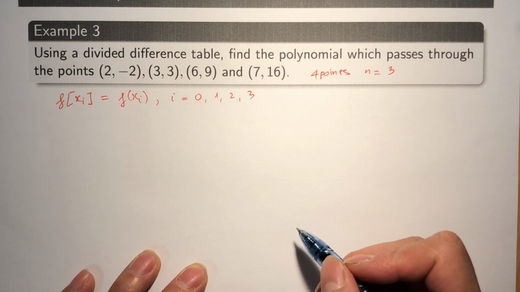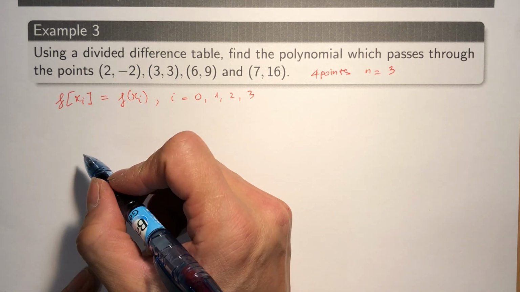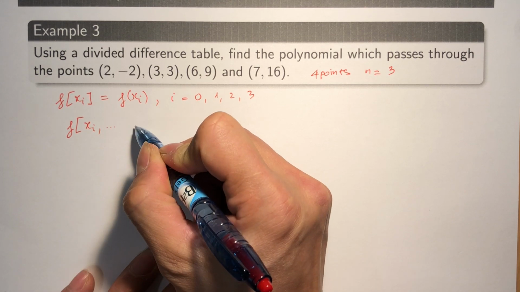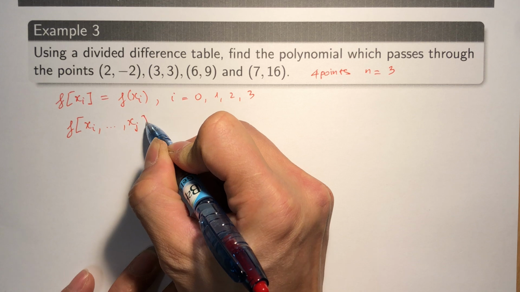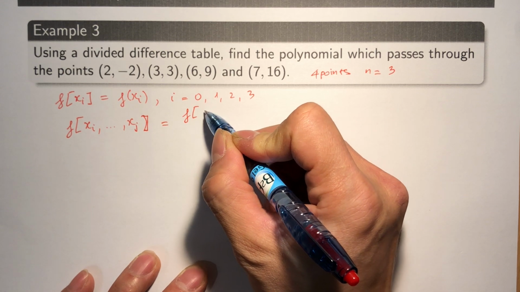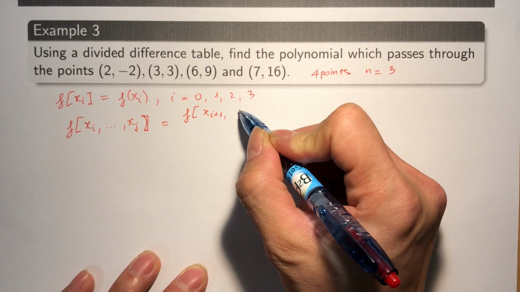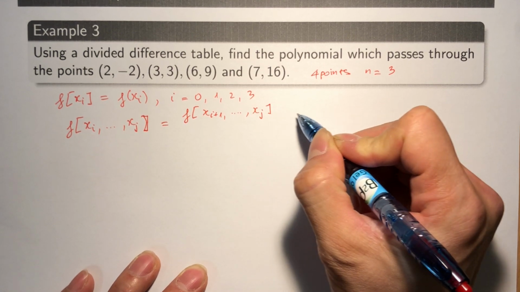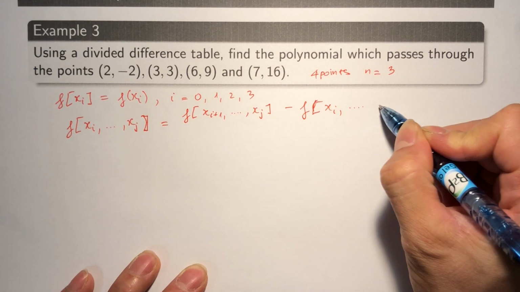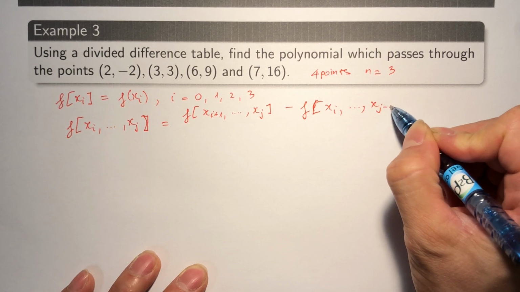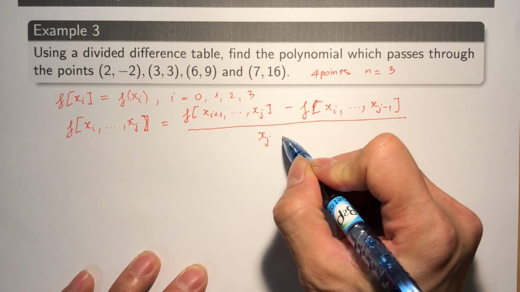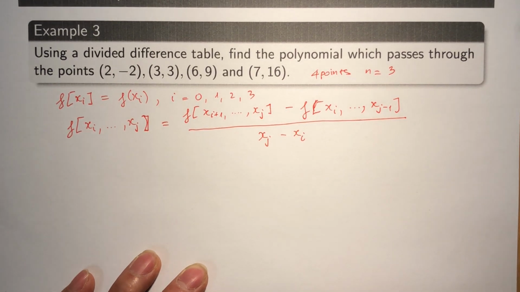And then we can find all the divided differences using the formula f[xi, xj] equals f of xj minus f of xi, divided by xj minus xi. Right.